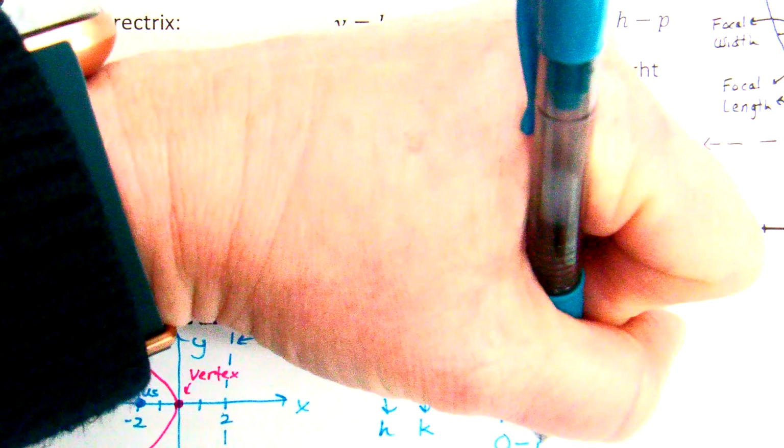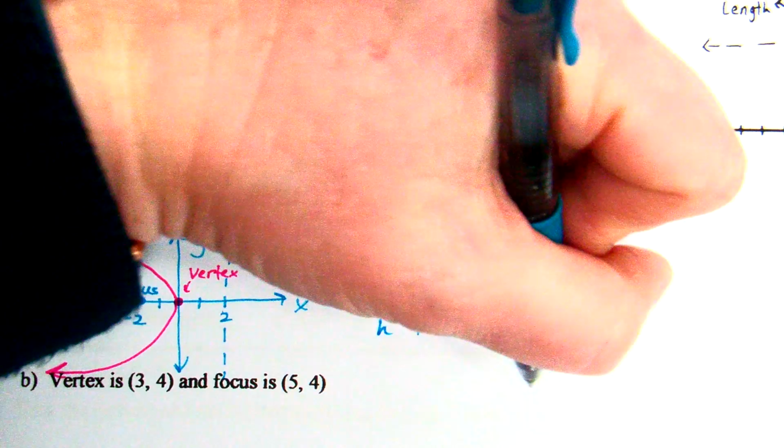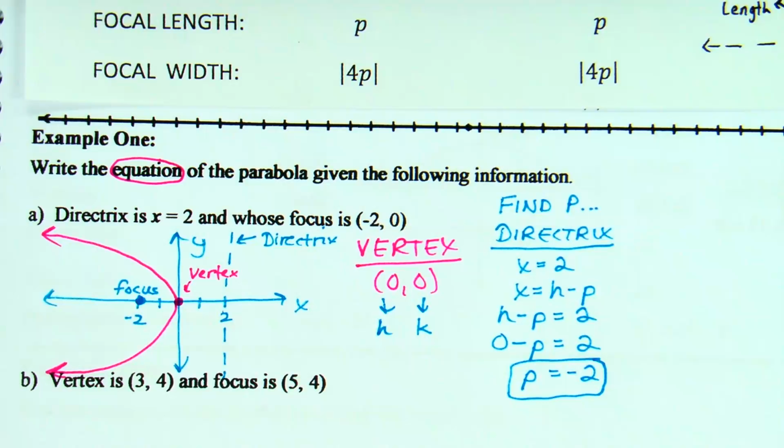So 0 minus p equals 2. Well, if 0 minus p equals 2, what's p? Negative 2. Yep. Because negative p equals 2. And then divide by the negative. If we get technical, well, I'll save that for the next one.